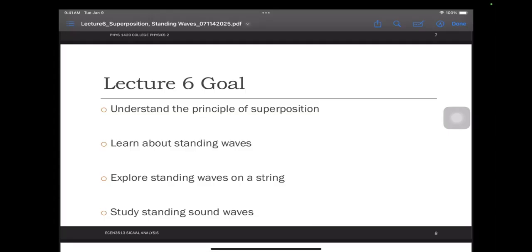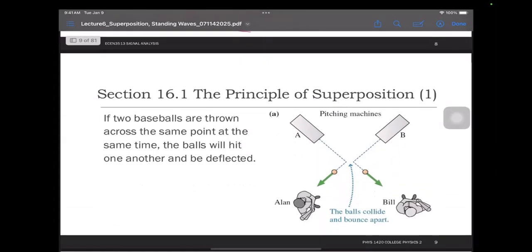After that, we will explore standing waves on a string, and finally we will study standing sound waves. You can see this part is the standing waves on a string, and this is the standing sound waves. They are different standing waves: one is string, the other is sound waves. Okay, let's continue.